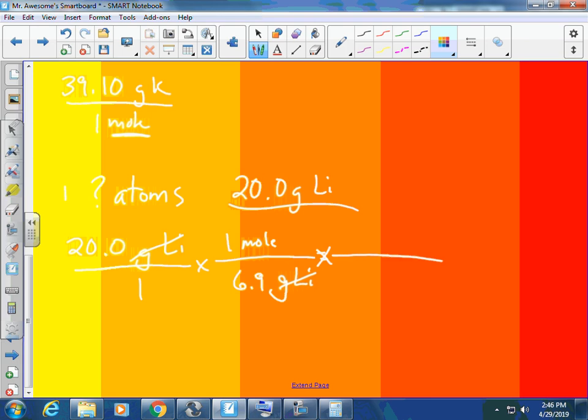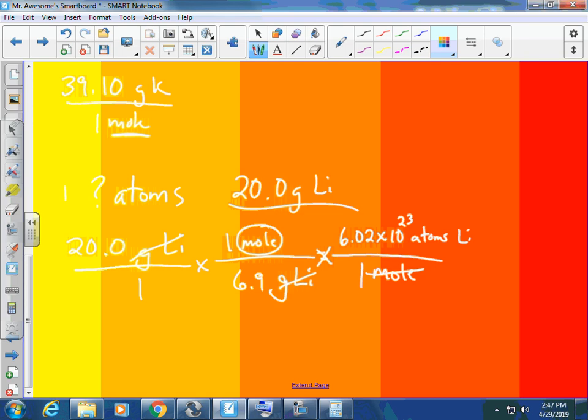All right. So if this tells me how many moles I have, then all I have to do from there is multiply by Avogadro's number. So see if this makes sense too. I know I'm dealing with an element, 6.02 times 10 to the 23rd atoms of lithium for every 1 mole.